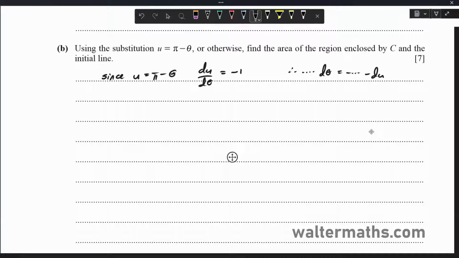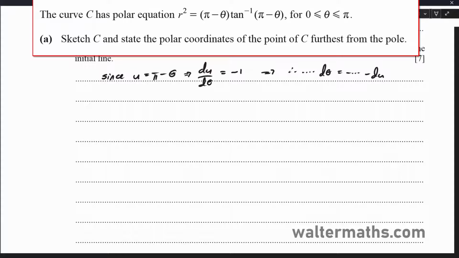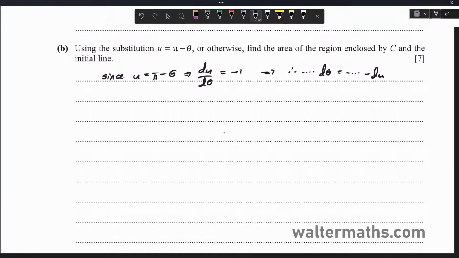Okay, from the information given, this led to this and this led to this. Anyways, we're also going to consider the limits. The original limits from the question were 0 to pi. So since values of theta were 0 and pi, what about the values of u?